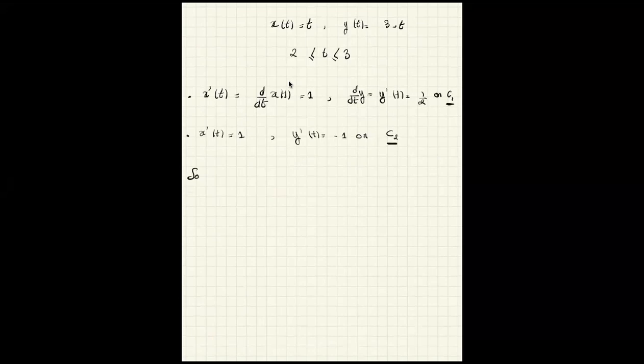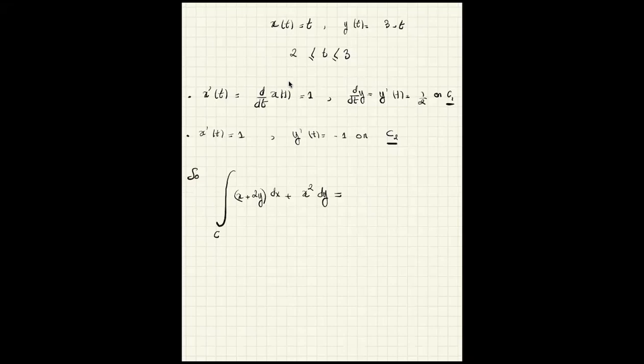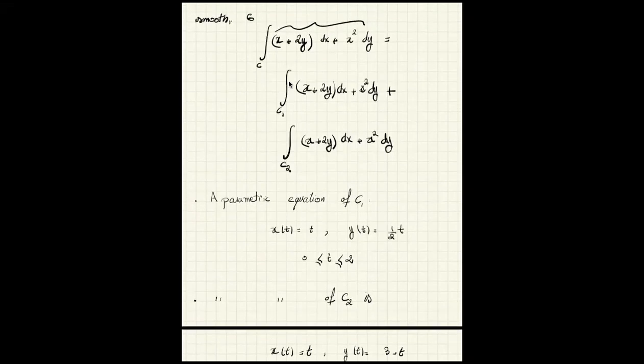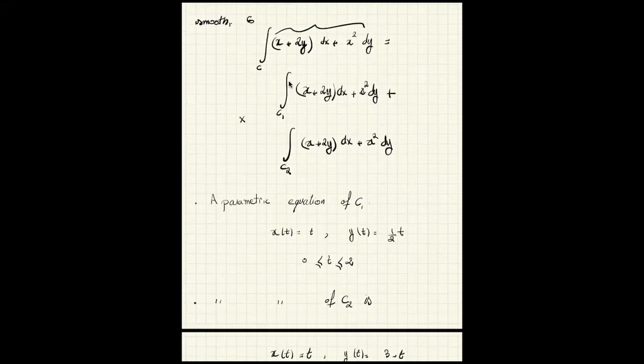Here, I'm going to go slowly, but make sure you understand. The integral of the whole thing we wanted, (x plus 2y) dx plus x squared dy. I'm using these two equations here.